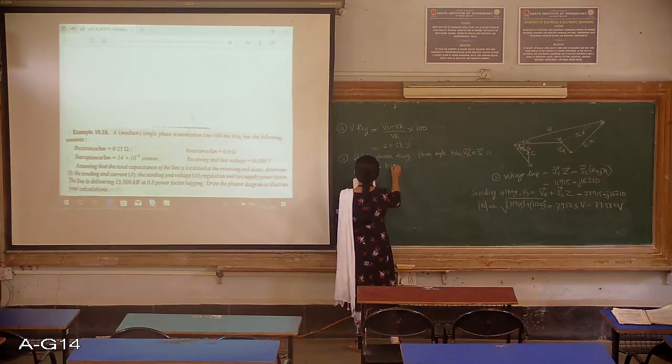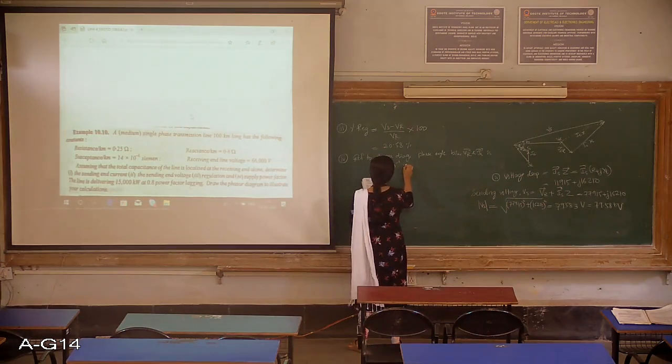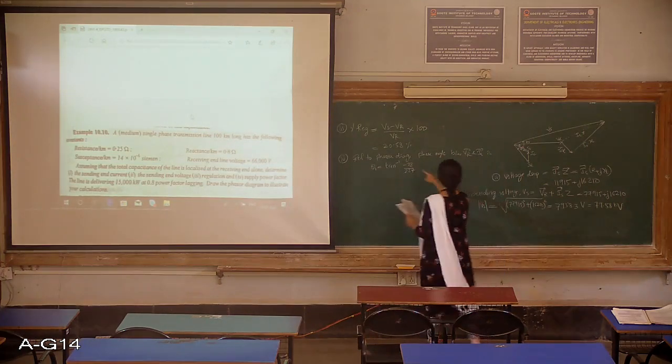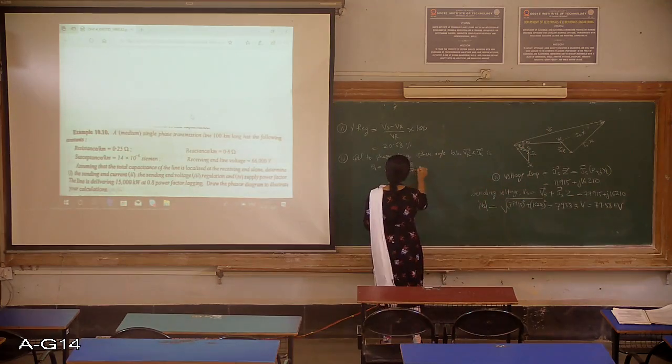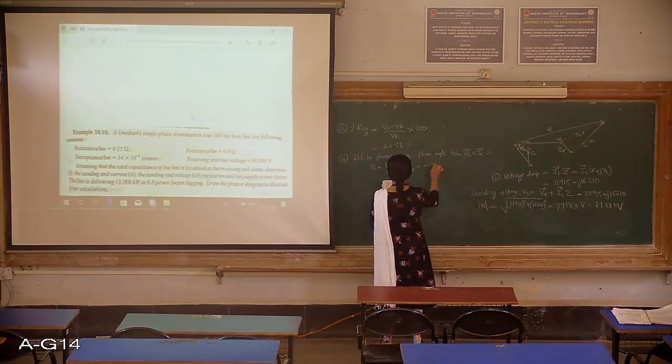So it is tan inverse of minus 78 by 227. We had already got this expression, the real and reactive terms, and this comes out to be minus 18.96.